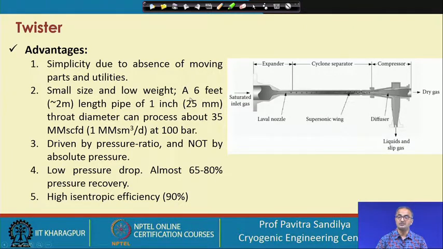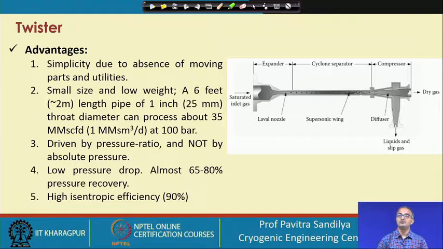An example is a pipe of about 6 feet, that is about 2 meters in length, and about 1 inch in diameter, which can process about 35 million standard cubic feet per day, about 1 million standard cubic meters per day, at about 100 bar. So this is a typical figure that shows that even in a small twisted tube, we can process a high amount of gas, and it is driven by the pressure ratio and not by the absolute pressure.